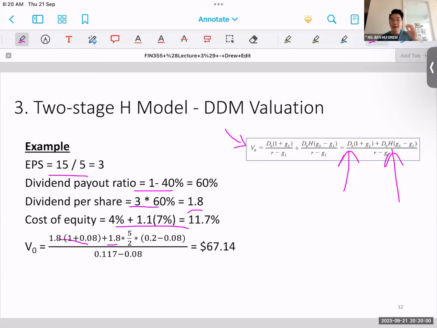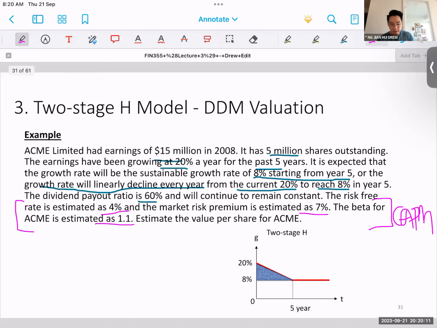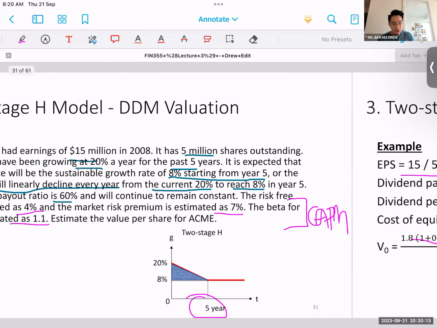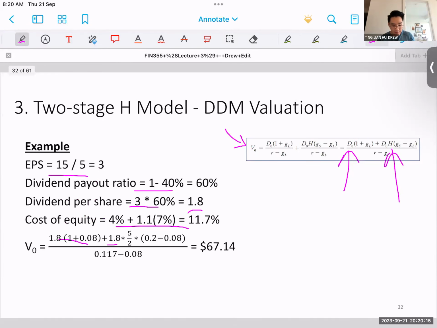Remember, H is half of the number of years of supernormal growth, right? So supernormal growth is 5 years. So what is H? We just take 5 divided by 2. So this is an important part, 5 divided by 2 here. So that's H, which is given by this H here.